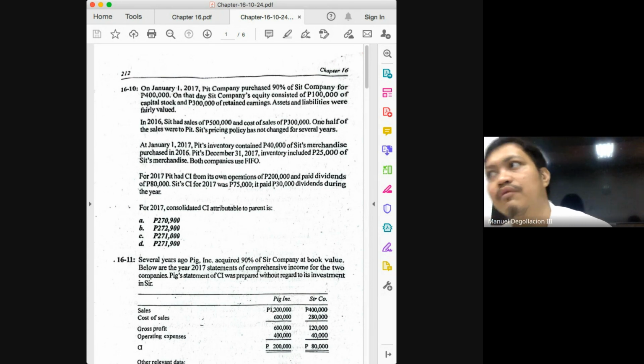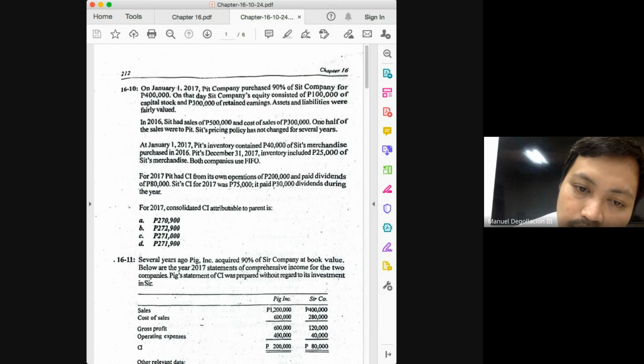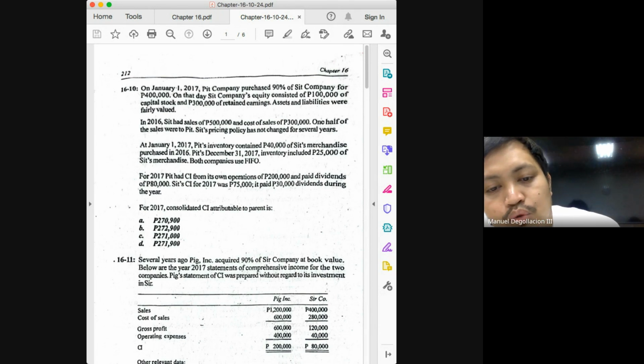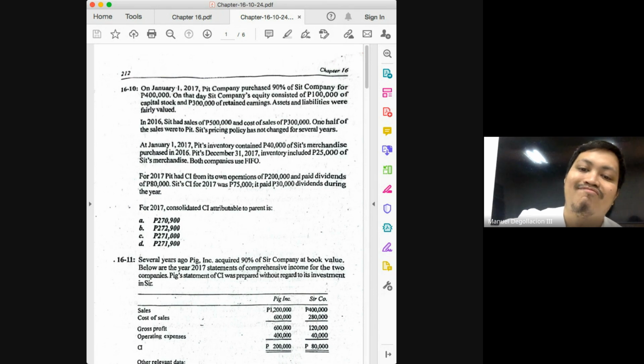And you will get the share of the NCI wrong if your adjusted income is wrong. So how much is the share of the NCI? 10% of 81,000. How much is that? 8,100. So deduct that from 281. How much is 281,000 minus 8,100? 272,900.